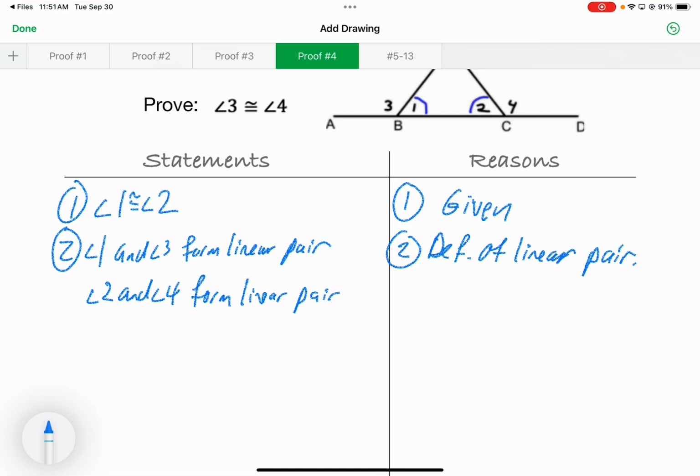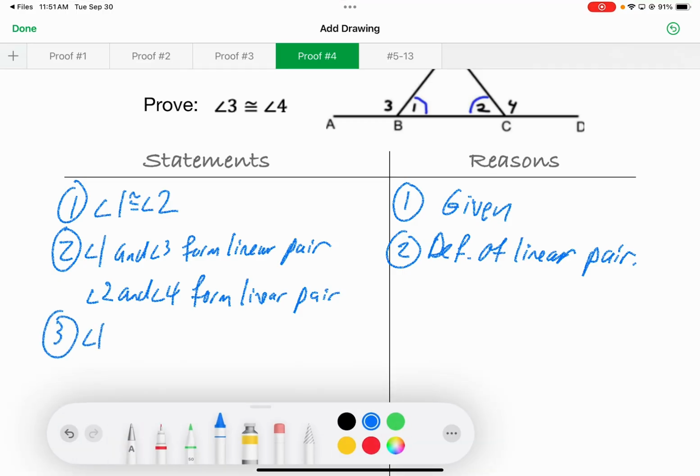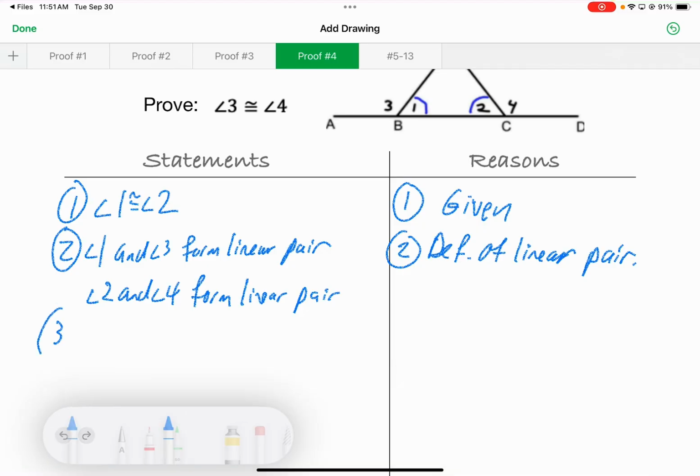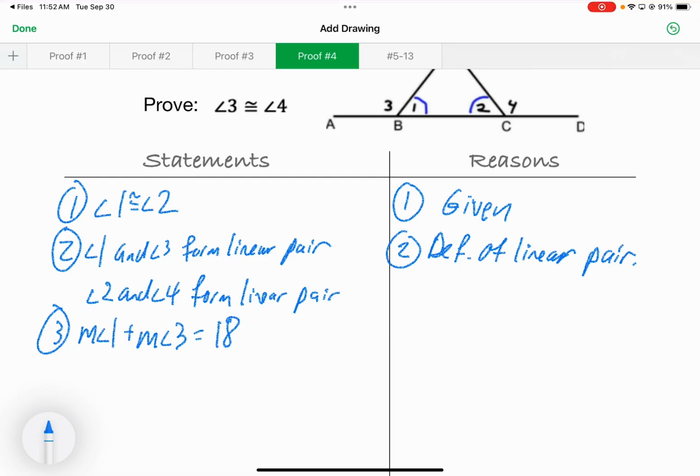If they form a linear pair, I know that they add up to equal 180. I should say that they're supplementary and then say they add up to equal 180, but I'd be okay with you just saying it. Actually, I should use proper notation: measure of angle 1 plus measure of angle 3 equals 180.